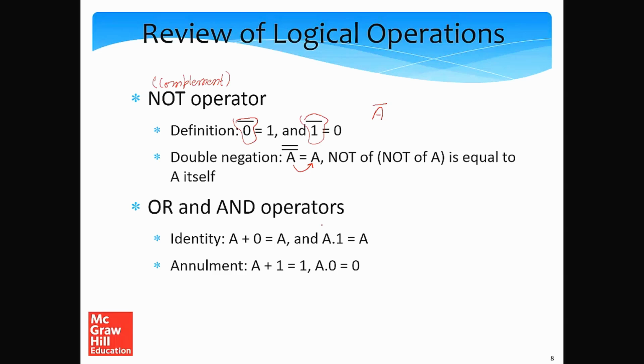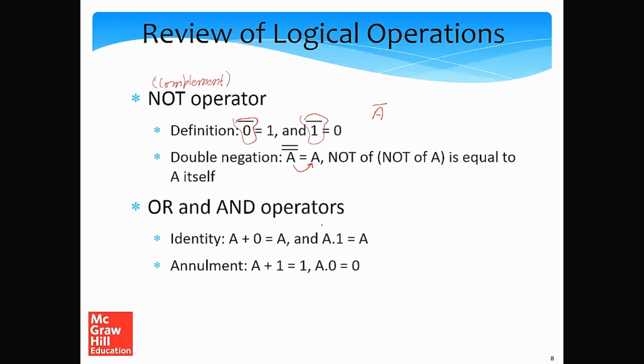Then we saw the OR and AND operators. The truth table for the OR says, if one of the variables is equal to 1, the output is equal to 1. And the truth table for AND says that all the variables need to be 1. So let's take a look at some of their basic properties. We have the property of identity.